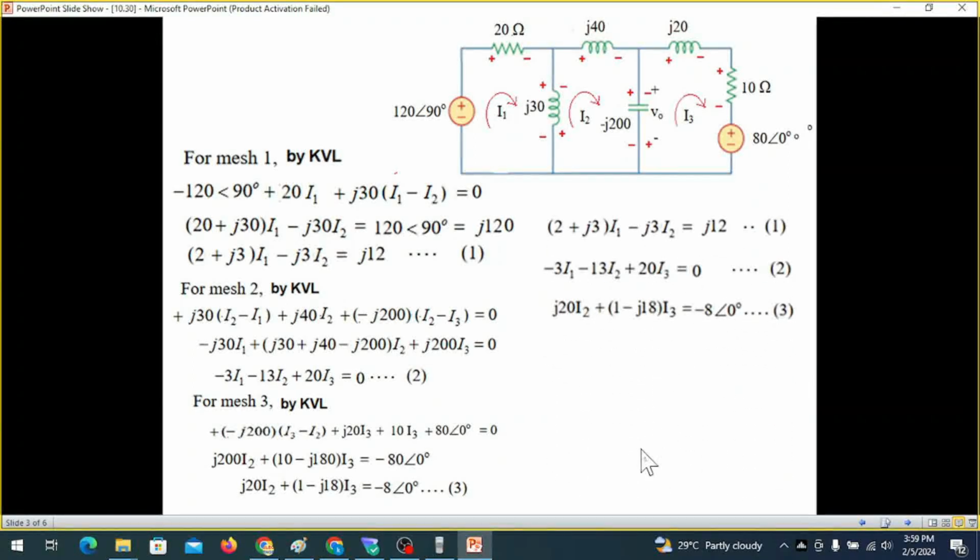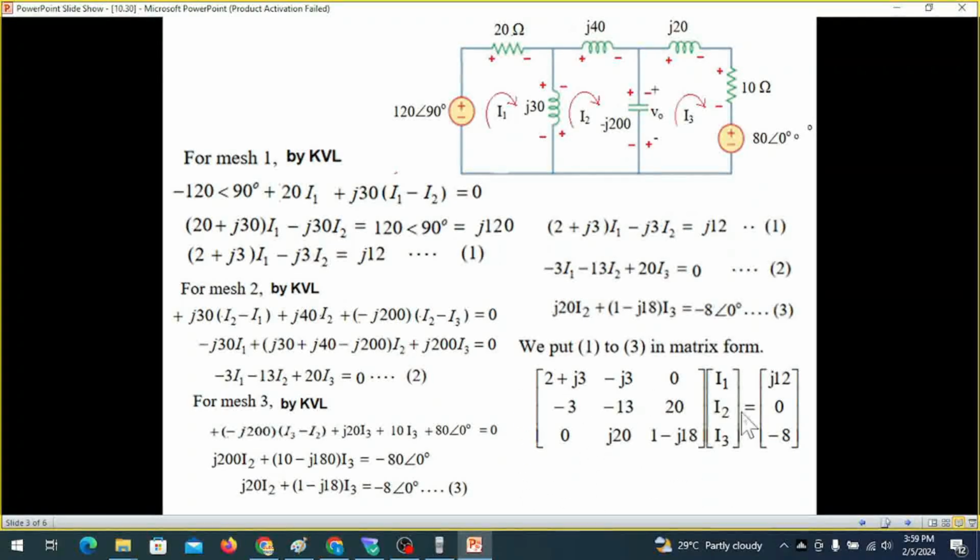So we have now three equations, equation number 1, 2, and 3. And if you look carefully, the easiest way to solve these equations is to take help of a matrix, although there are other methods that you can follow. Writing in matrix form, we just write the coefficients. This is the coefficient of I1, of I2, and since there is no I3 here, we put 0.